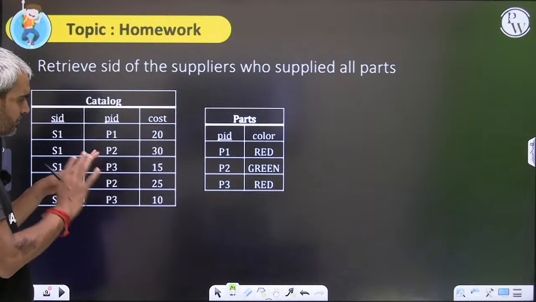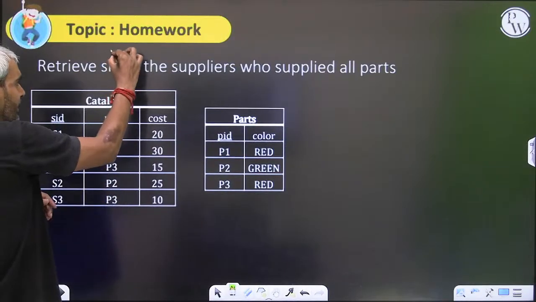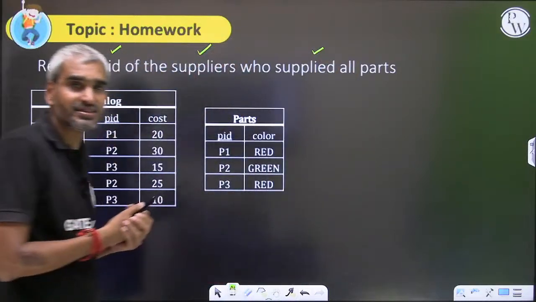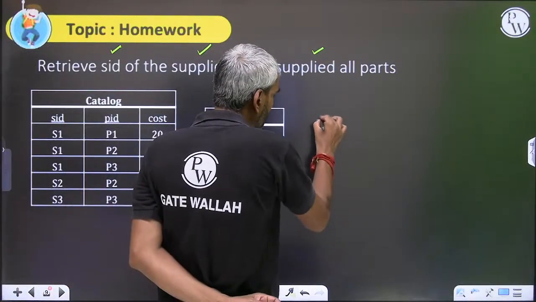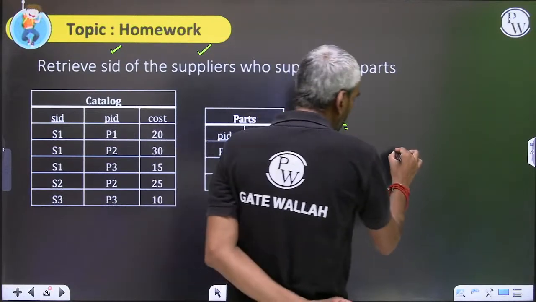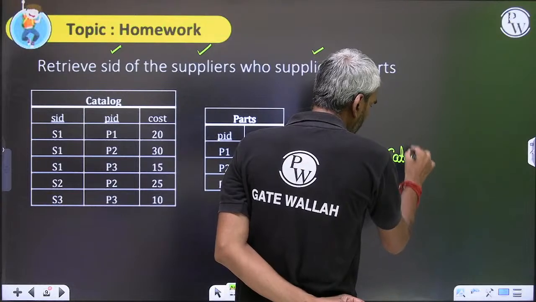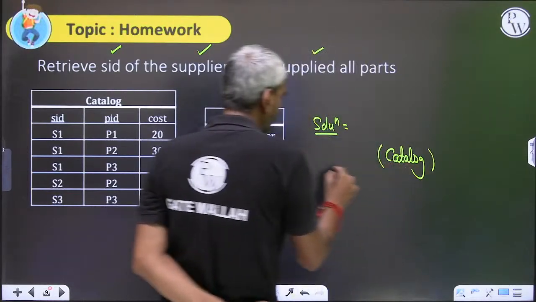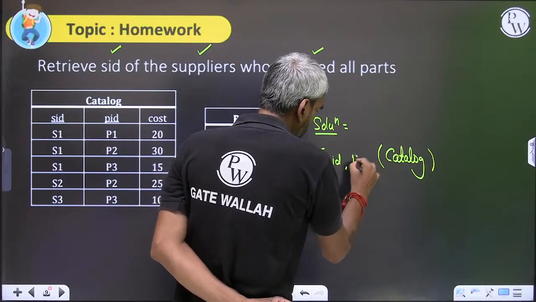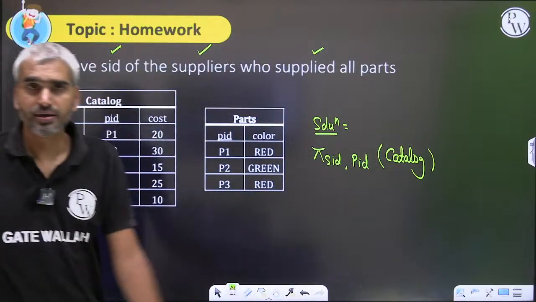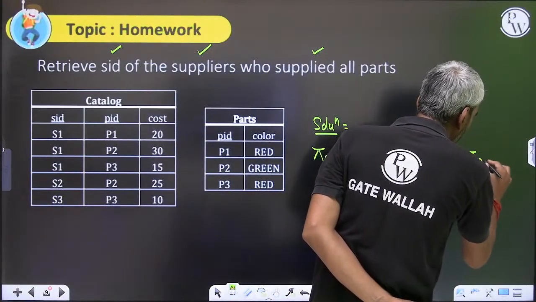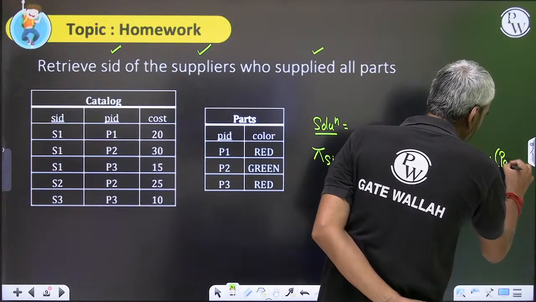In short, if I want to retrieve the SIDs of the suppliers which are associated with all the parts, then the solution for this will be: from the catalog table, project the SID and PID attributes and then divide it by the PIDs present in the parts table.